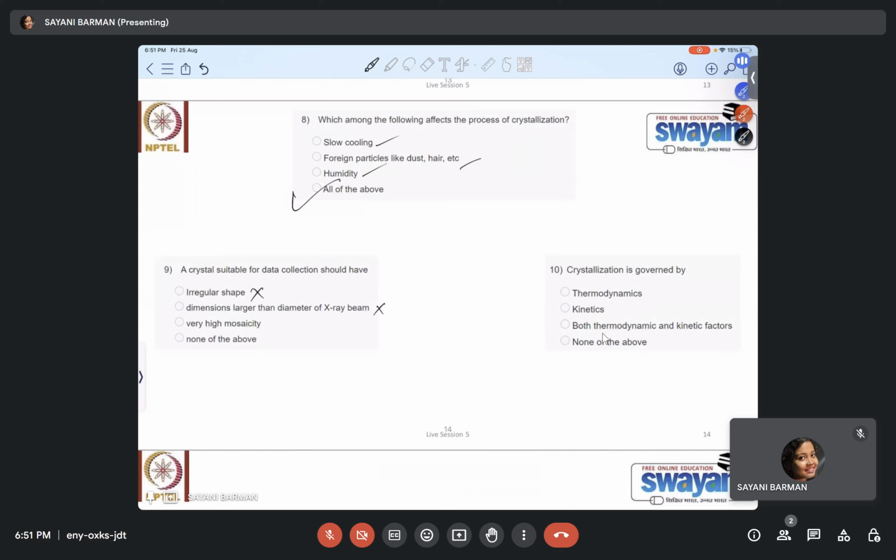They are in order, but imperfectly ordered, right? So no, this is not suitable. So none of the above. Crystallization is governed by thermodynamics, kinetics, yes, both thermodynamic and kinetic factors. Kinetic factors in the sense of slow cooling, fast cooling, and thermodynamic, you can say, about the solvents we are using.